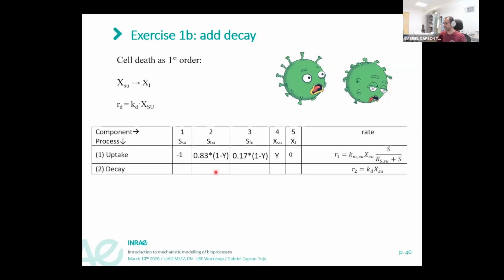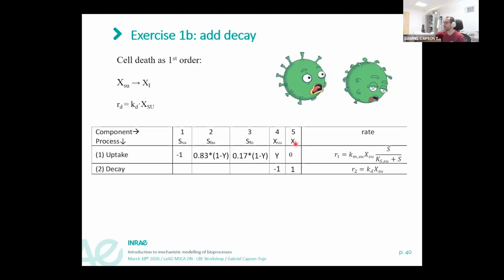The reaction is going to be pretty simple. You're going to have a -1 for the biomass, and we're going to have another component, which we're going to call SI, which basically means a particulate component because it's an X, and the inerts are not going to do anything.